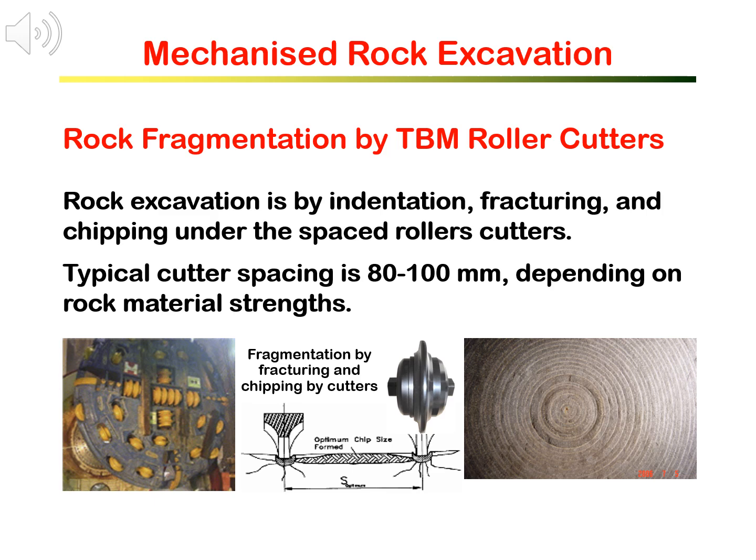Let us focus on excavation, on how rock is cut by TBM. This involves rock fragmentation by TBM roller cutters. Roller cutters are mounted at the cut head, spaced at typically 80 to 100 millimeters along the radius, as shown on the left photo.